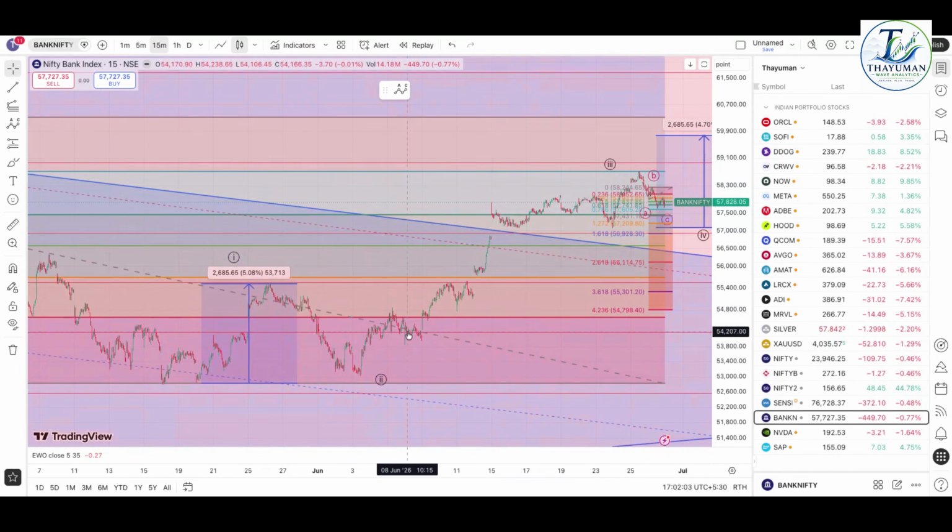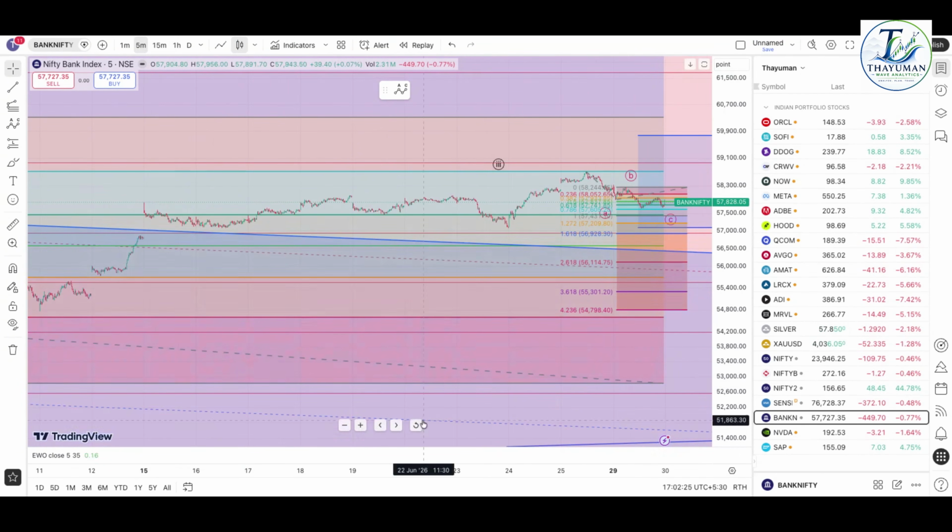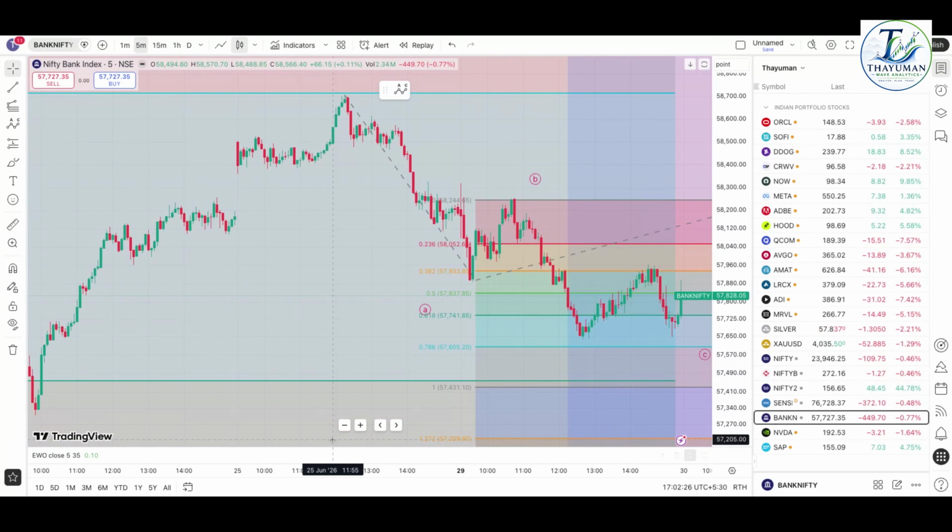In that, this is 1, 2, and up to here is 3, and we have 4 here and 5. So this 4 might touch the previous level 4, which is around 57,075, some zone like that. Now we are 800 points away. It need not touch, but I'm saying that just as a reference.